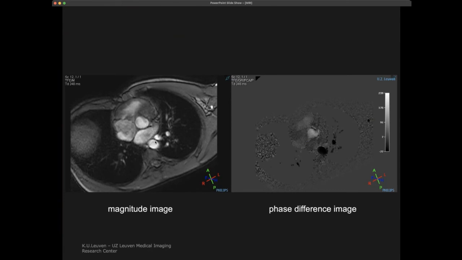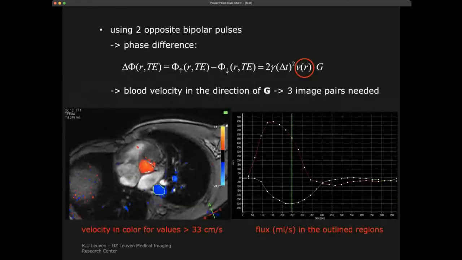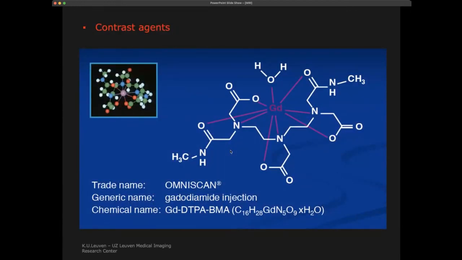For example, here in the heart, in the aorta, we can highlight blood and then also measure it. So we can measure blood flow as a function of time. It's very similar to Doppler. We can measure blood velocities as a function of time and look at the blood.